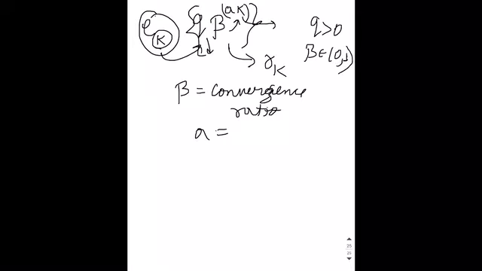This beta is different from the beta we discussed for backtracking, so forget the backtracking thing. This is all new notation. So q is greater than 0, beta is between 0 and 1, k is the iteration, and a is the order of convergence.